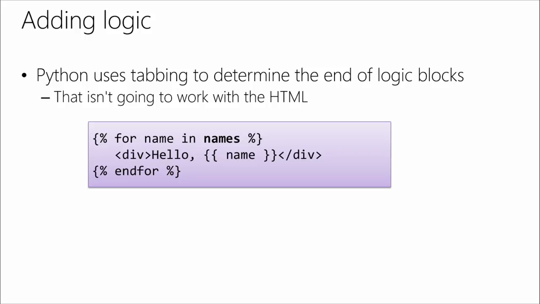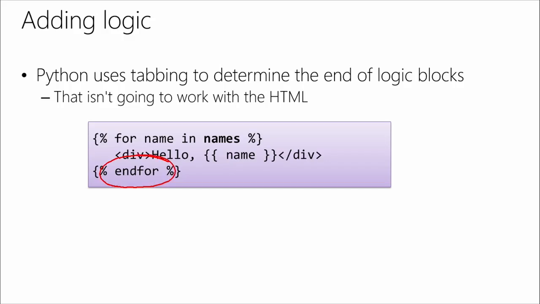Now, here's the catch, is the way that control blocks work, so for loops and if statements, the way that they work is based on tabs, based on positioning. It doesn't really work in HTML, because my positioning is going to change depending on my HTML, that I want to be able to format my HTML and just have a little bit of code there.